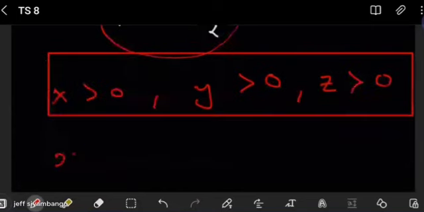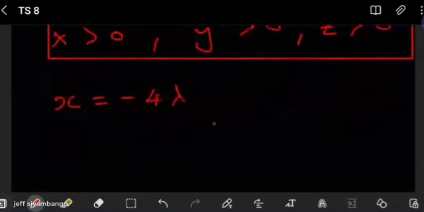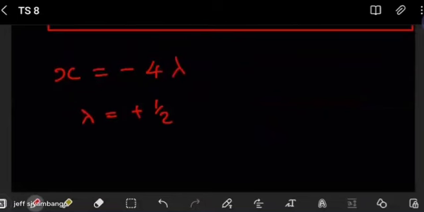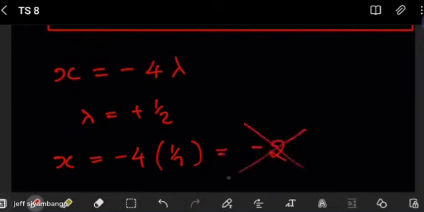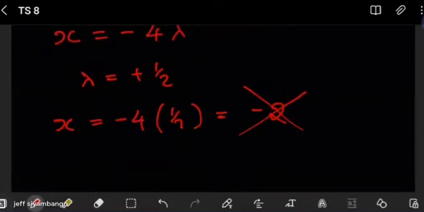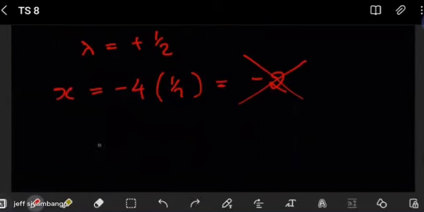You see, x is equal to minus 4 lambda. If lambda is positive 1 over 2, it implies that x will be minus 4 times 1 over 2, so x will be equal to negative 2. But we don't want a negative dimension here. They must be greater than 0. Because of that, we are going to go with lambda equal to negative half. Remember, lambda is equal to plus or minus half.